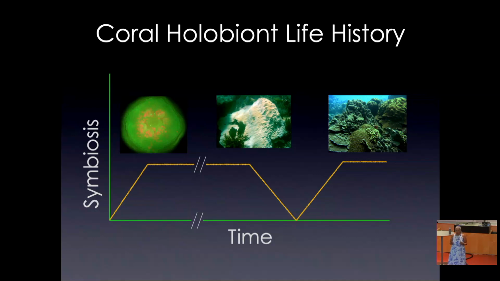So what you see is the life history of the host and how symbiosis gets established. And we've heard a lot yesterday about different life stages of an organism, especially early life stages where the symbiont assemblage gets established in the different groups, plants and animals that we discussed yesterday.